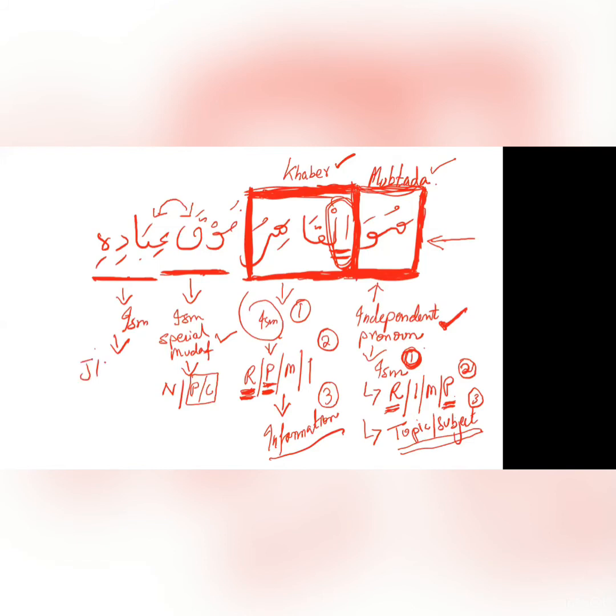Then it is common. No, it's proper. But for now, let's just start with the number. What is the number? Plural and masculine. It is plural, masculine, and again proper or common?